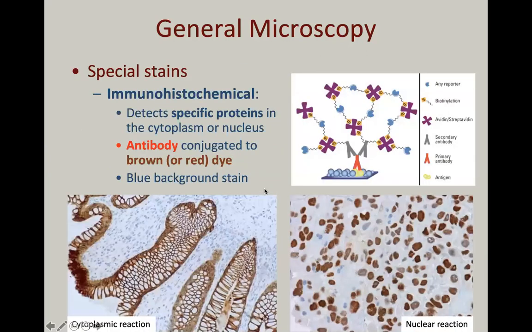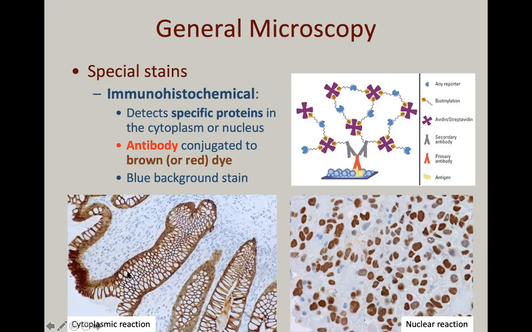Additional stains we can use are immunohistochemical, which detect specific proteins in the cytoplasm or nucleus. And so these, of course, are antibodies that are conjugated to dye. Usually the dye is either brown or red, mostly, as I'm going to be showing you here, brown dye with a blue background counterstain that just stains all of the tissue so we can sort of see what we're looking at.